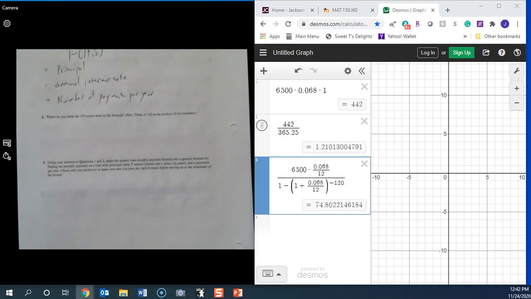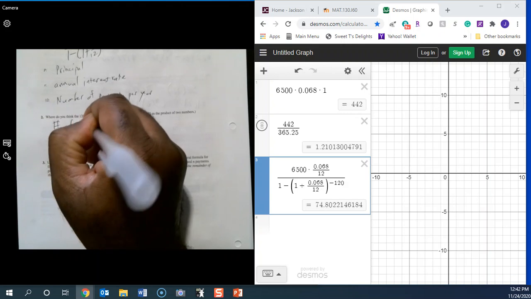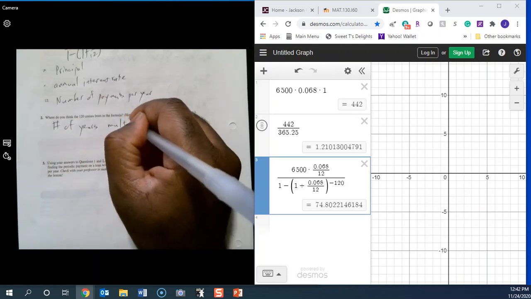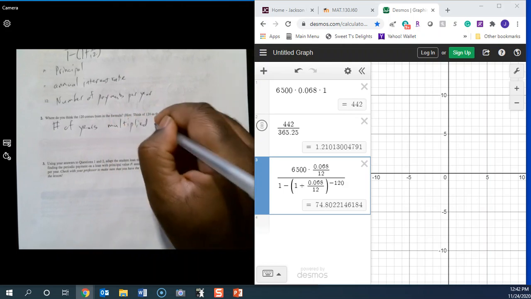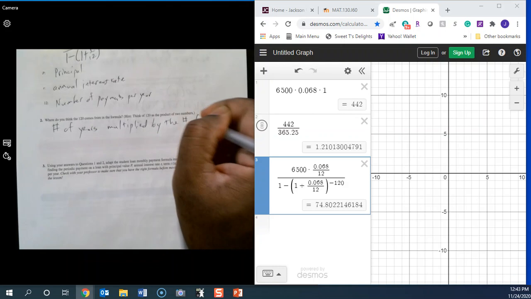Now number 2, where do you think the 120 comes from in the formula? It's the number of years multiplied by the number of payments.